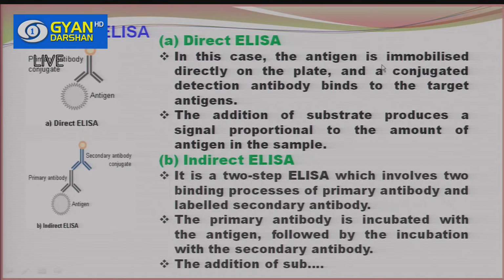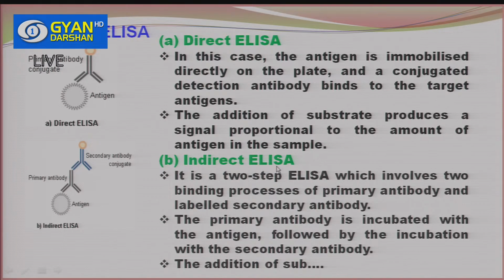In this case the antigen is immobilized directly on the plate, the microtiter plate, and the conjugated detection antibody binds to the target. The added substrate produces a signal proportional to the amount of antigen in the sample. So we can measure it through the ELISA plate reader. How much antigen is present, we can quantify.